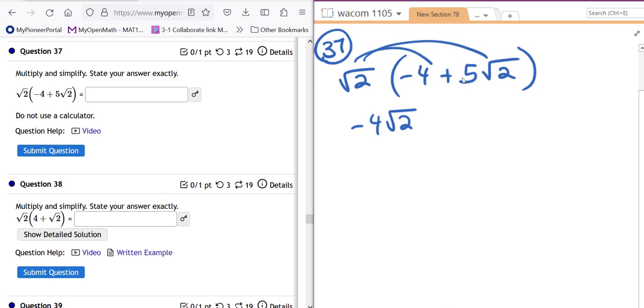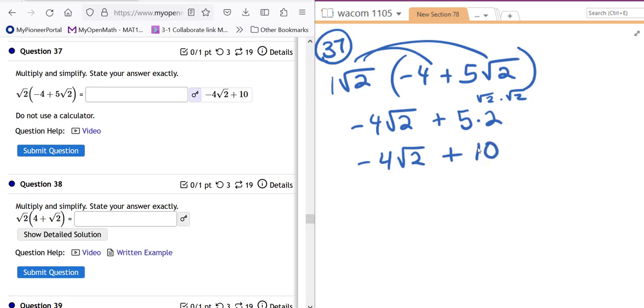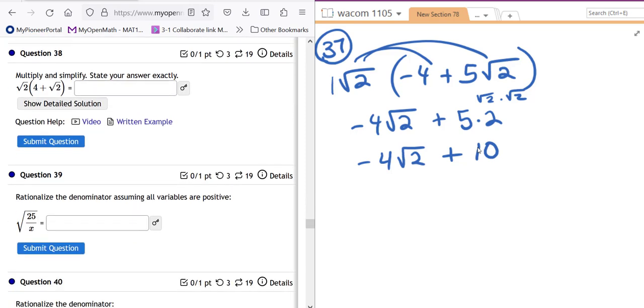And this will be 5 times, this is a 1 outside. So the 5 and the 1 multiply. But when you do square root of 2 times square root of 2, it takes the radical off and gives you a plain 2. So this gives us a 10. -4 square root of 2 plus 10. So they cannot go together. All right, this would be similar, so we'll skip it.